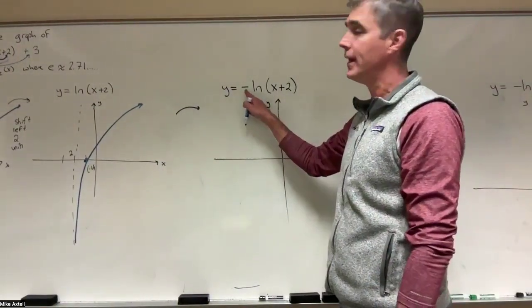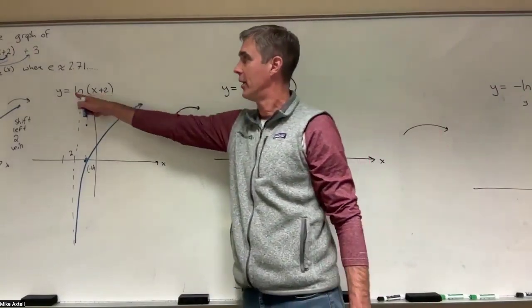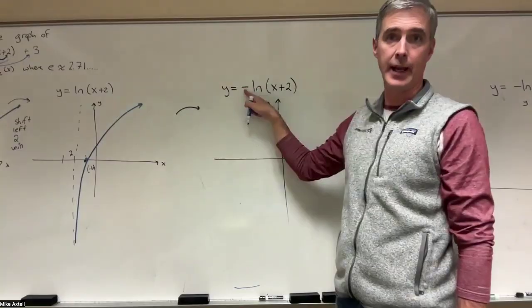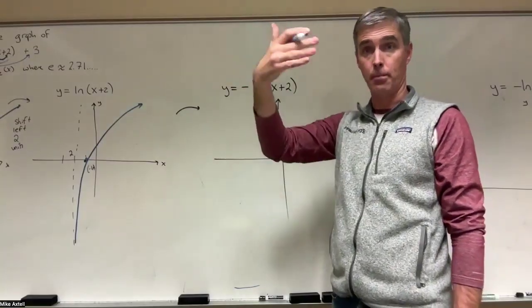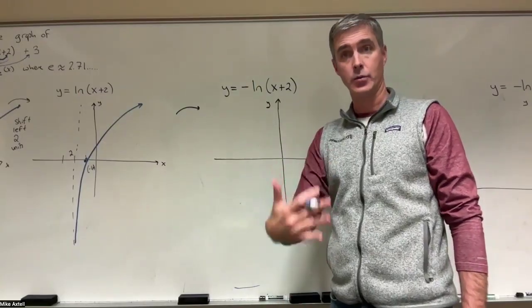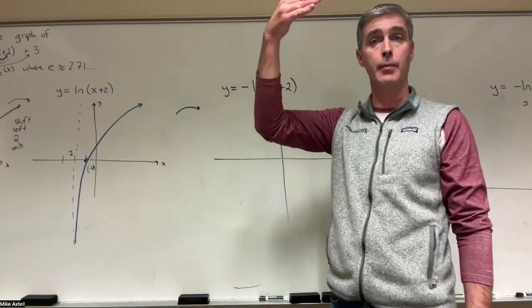All right, well, my y value is the natural log of x plus 2. Now I'm taking that y value and hitting it with a negative sign. So whenever my y's were positive above the x-axis, they're now going to be negative below. And whenever my y's were negative below the x-axis, they're now going to come up and be positive.